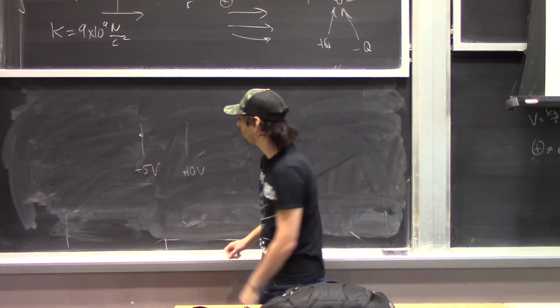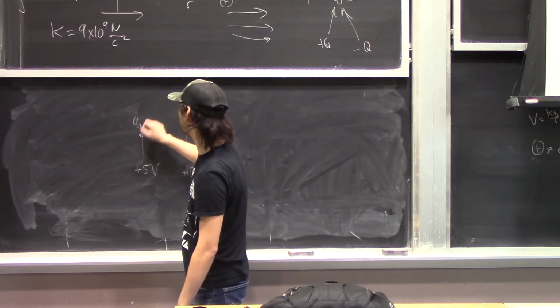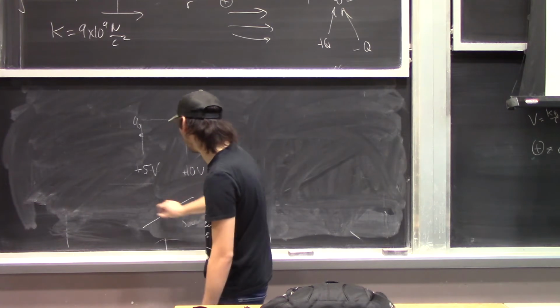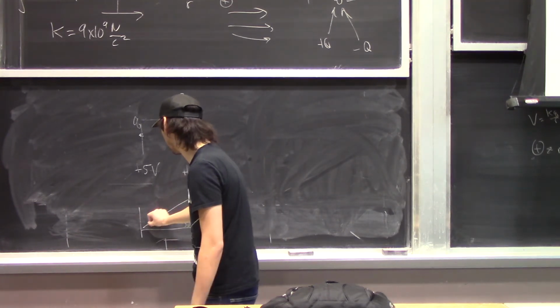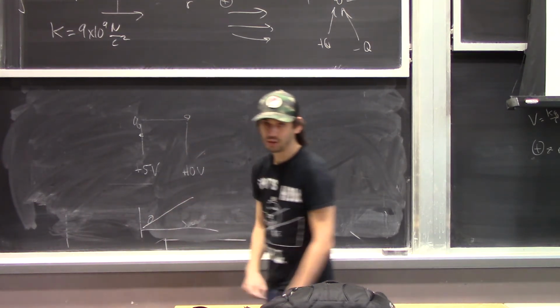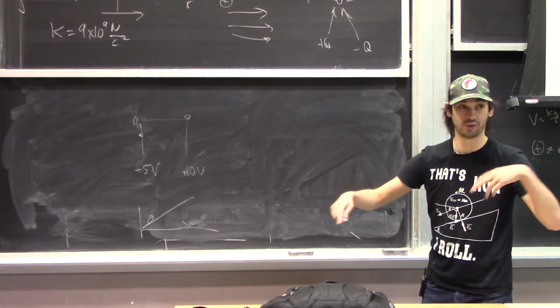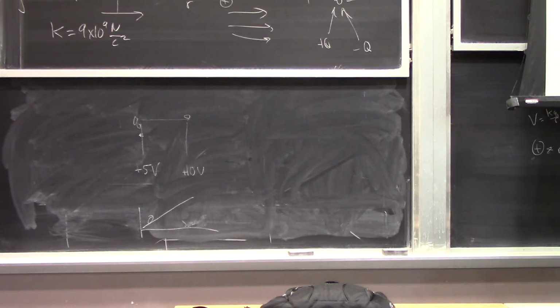And so whatever my unknown charge is, it's going to go this way. And so if I draw this, what it's doing is it's going up the hill, right? Only negative charges go uphill. Positive charges go downhill, so this should be a negative charge.